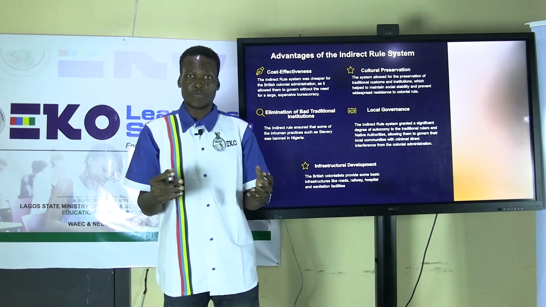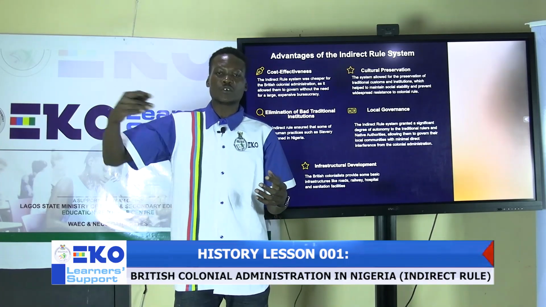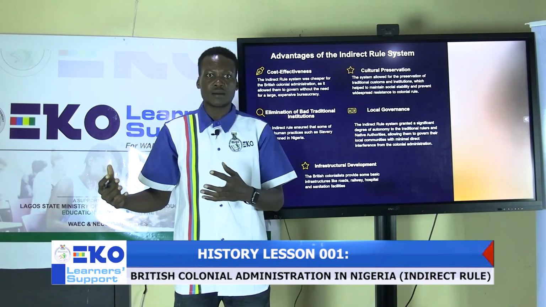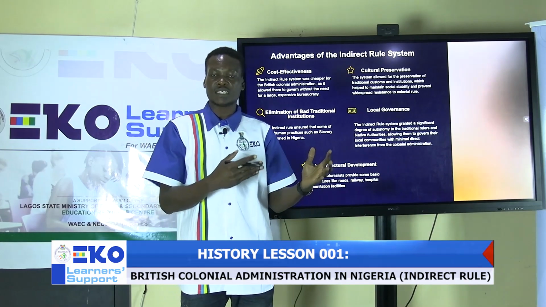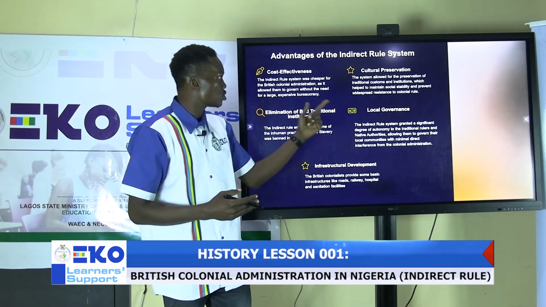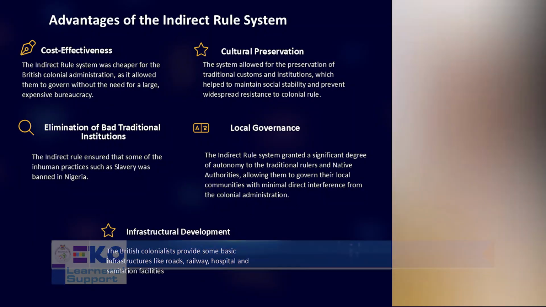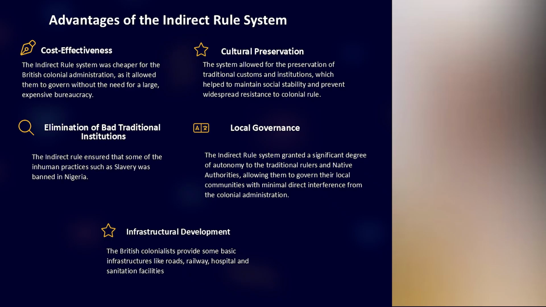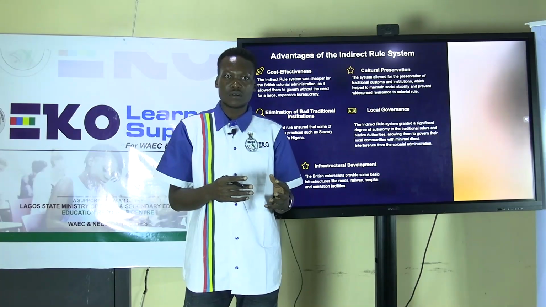Like I said earlier, the British colonialists did not have to pay a lot of money to workers that would serve in the administrative affairs. Two, cultural preservation. The British colonialists tried as much as possible to preserve the culture of the people.